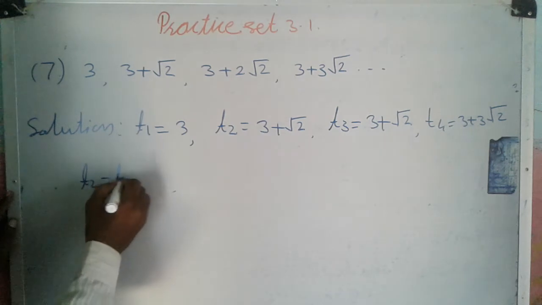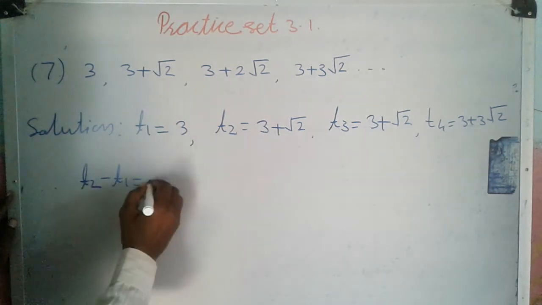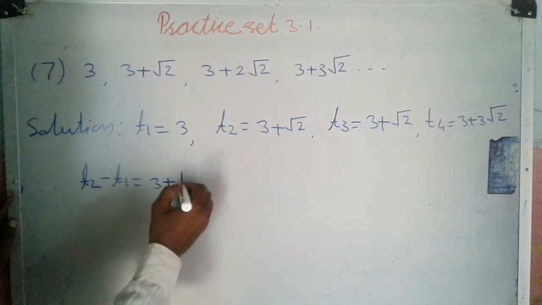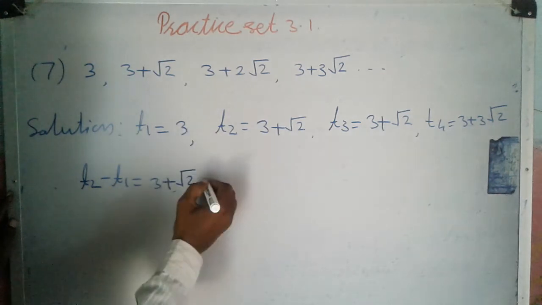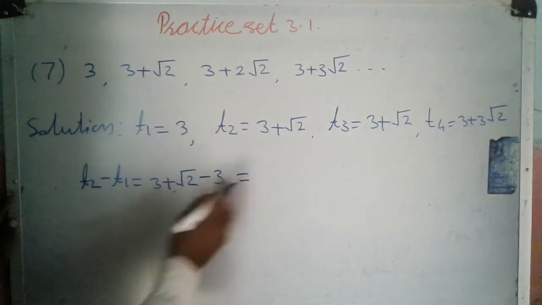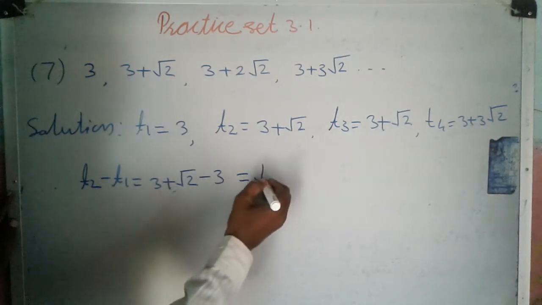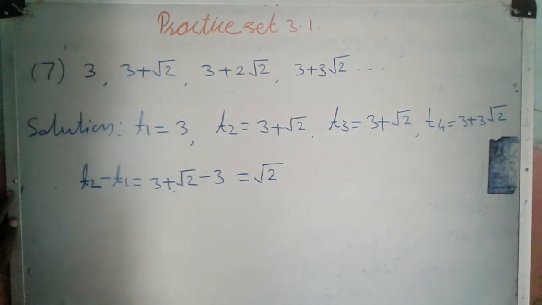T2 minus T1. T2 is equal to 3 plus root 2 minus 3. 3 minus 3 we get 0. Here remains root 2.